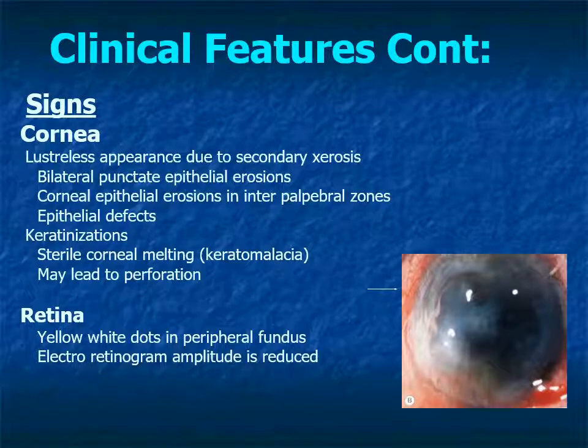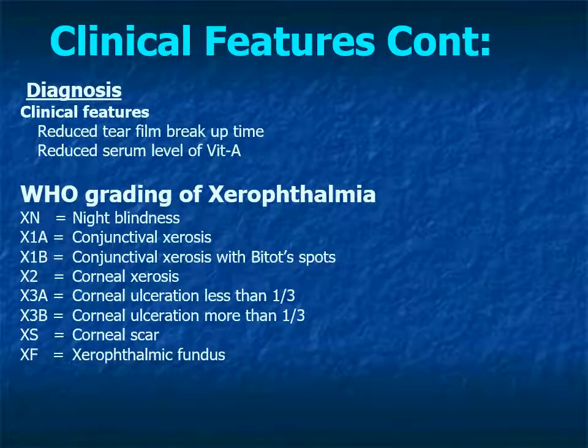And electroretinogram in vitamin A deficiency shows reduced amplitude. So how do we diagnose a case of xerophthalmia? By the clinical features, as we have discussed, symptoms and signs of vitamin A deficiency. Also reduced tear film breakup time is there, and a reduced serum level of vitamin A.